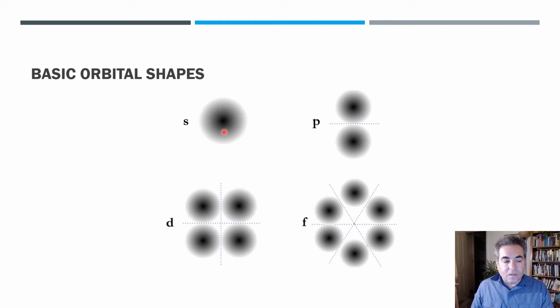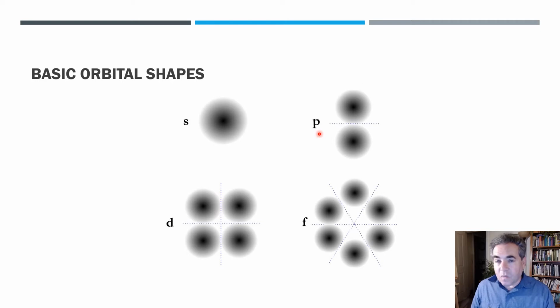So if you look at the kind of cloud that you get, it looks like this. Your cloud can reach right into the nucleus, and it looks kind of spherical, the shape of the orbital. This is called an s orbital, or the subshell it's in would be an s subshell. Any s subshell will only have a single s orbital in there.